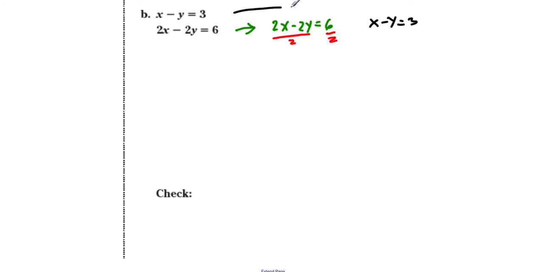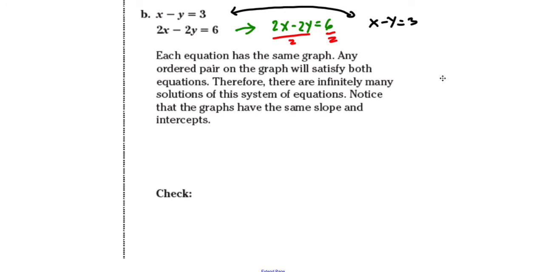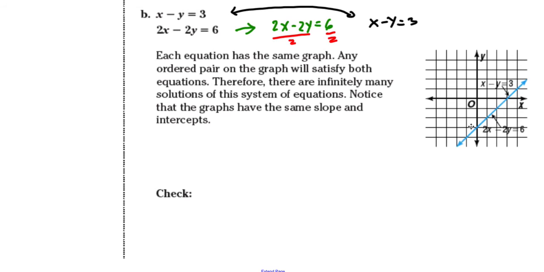If you notice, these two equations are the same. And you guessed it, when you graph these two equations, they have the same graph. That means they will coincide: one line will lie on top of the other line. Therefore, there are infinitely many solutions for the system of equations.